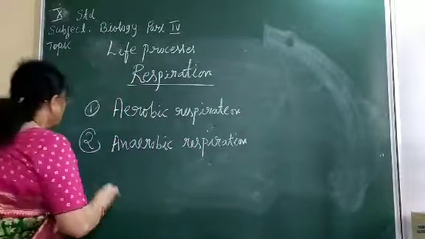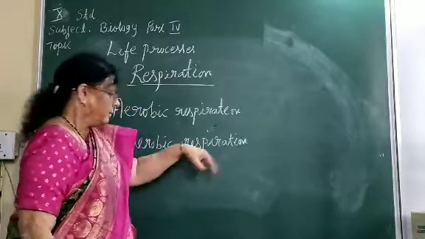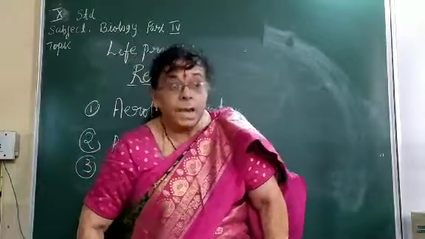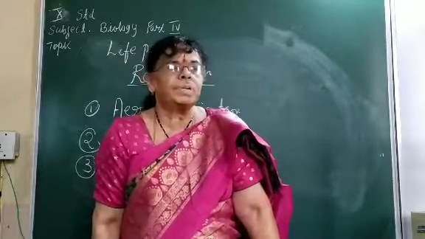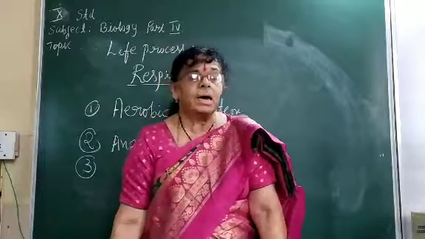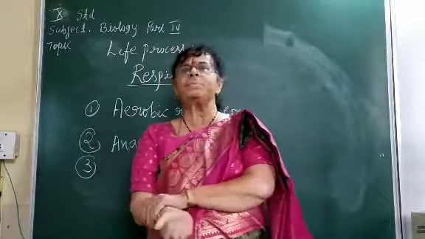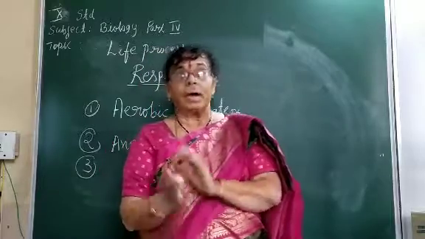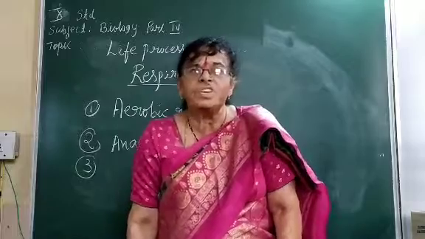Then there is one more pathway wherein an organism is able to get energy. For example, for athletes, whenever we are doing a lot of work, our muscles become tired. At this time, the body is not going to wait for oxygen.